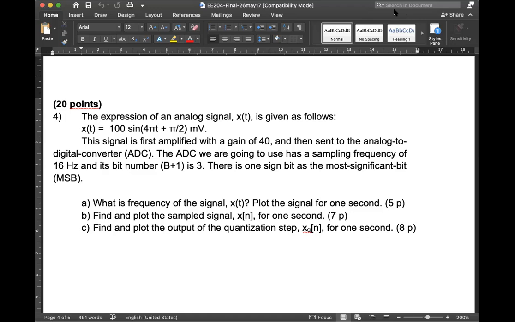So, can you plot this signal on your own, on a paper? Please plot it. I want you to plot it for 1 second.